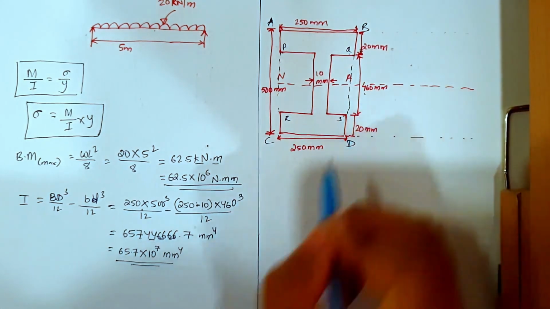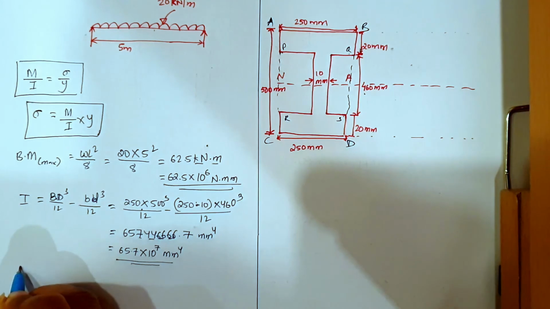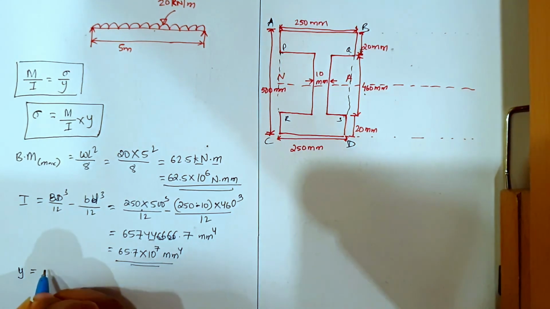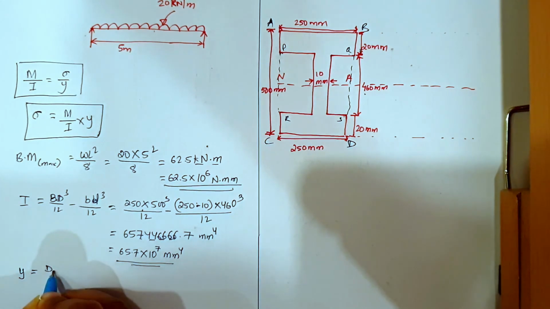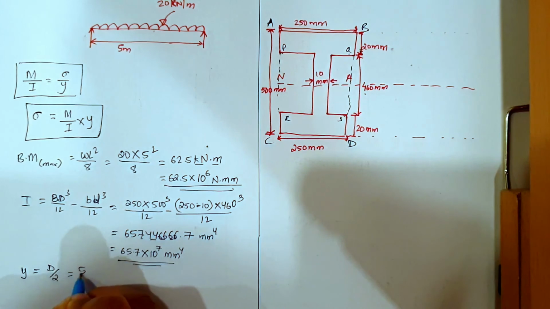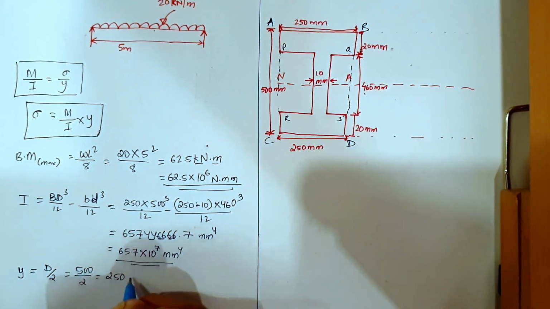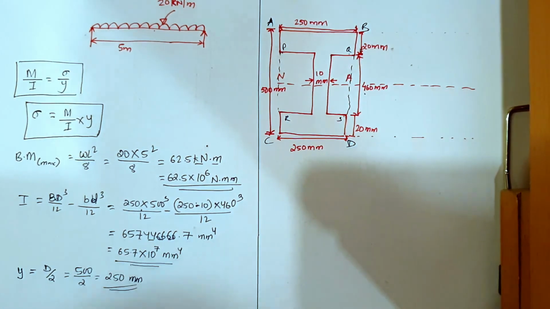How much will Y be? Y will be equal to the total depth of the I section divided by 2. So how much is the total depth? 500 divided by 2 gives 250 mm.